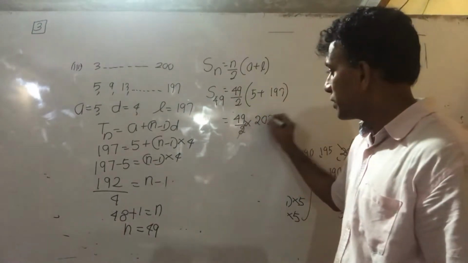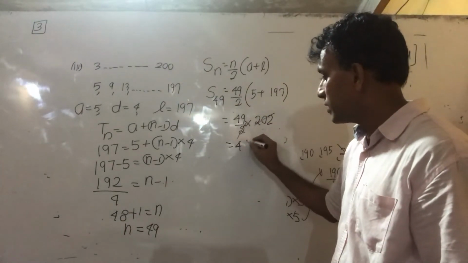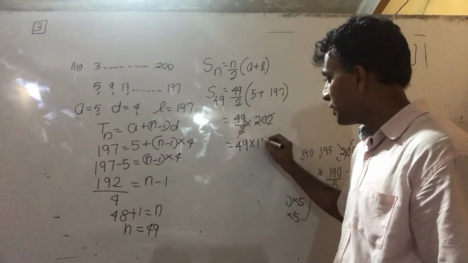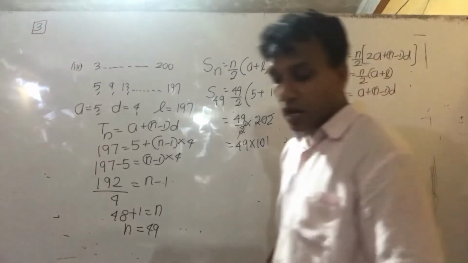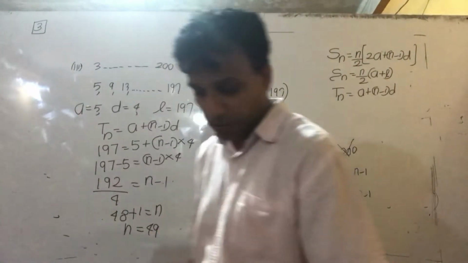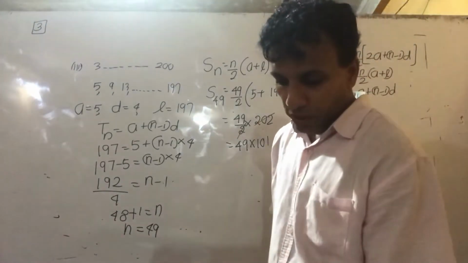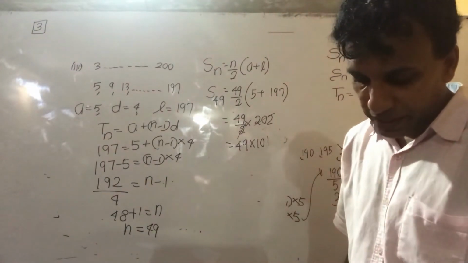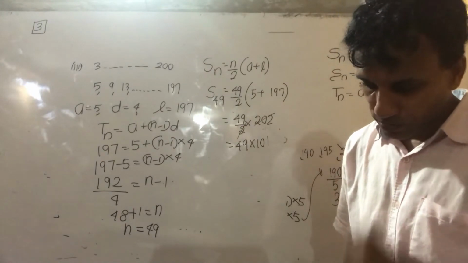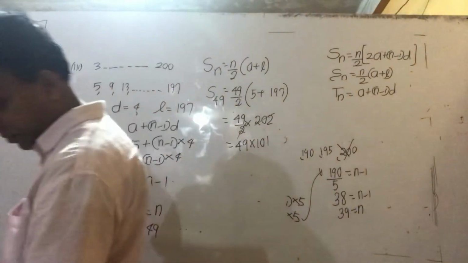Okay, I cut the 2 and multiply. 49 into 101. Get the answer for this question, right? So I hope you can work the remaining questions, all the similar idea, same type, right?